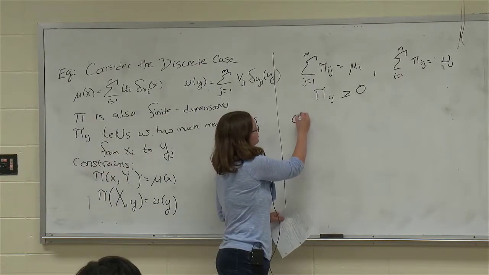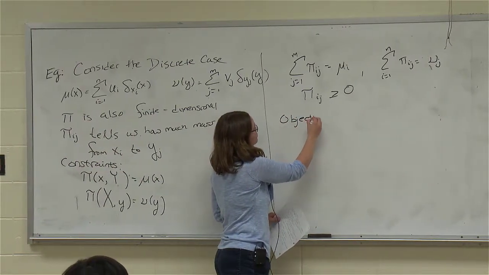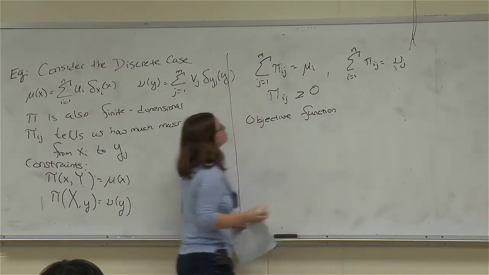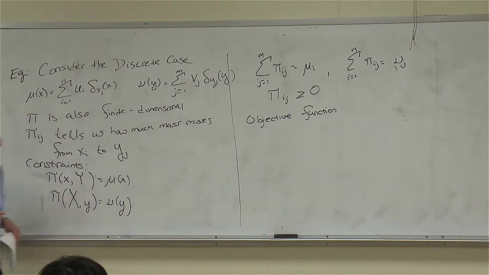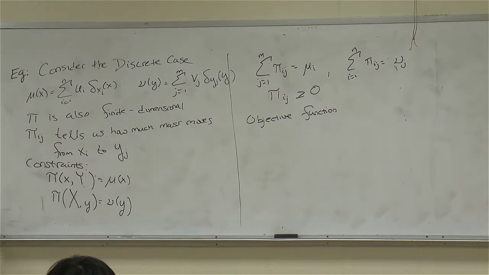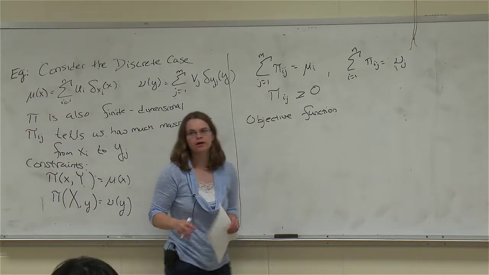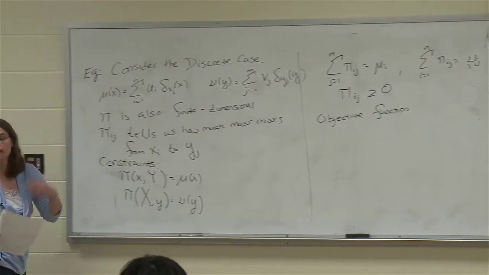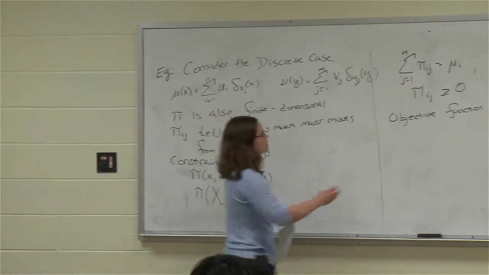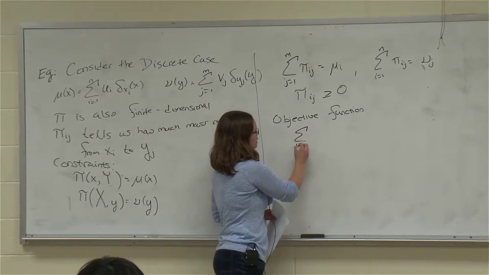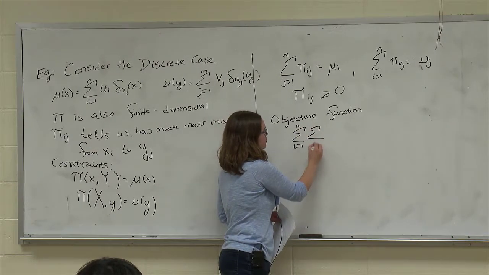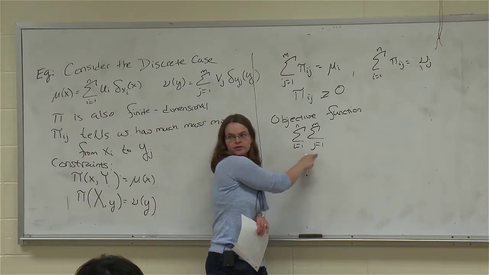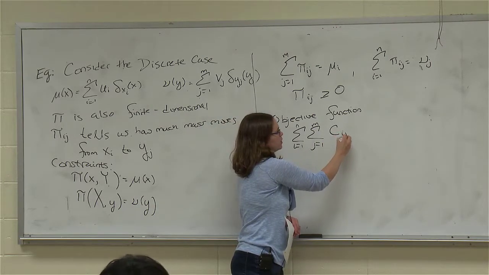And we have an objective function. Before, we were integrating over our product space, so that looks like a double sum now: i equals 1 to n, j equals 1 to m, of the cost of moving from xi to yj, which I'm going to call Cij.